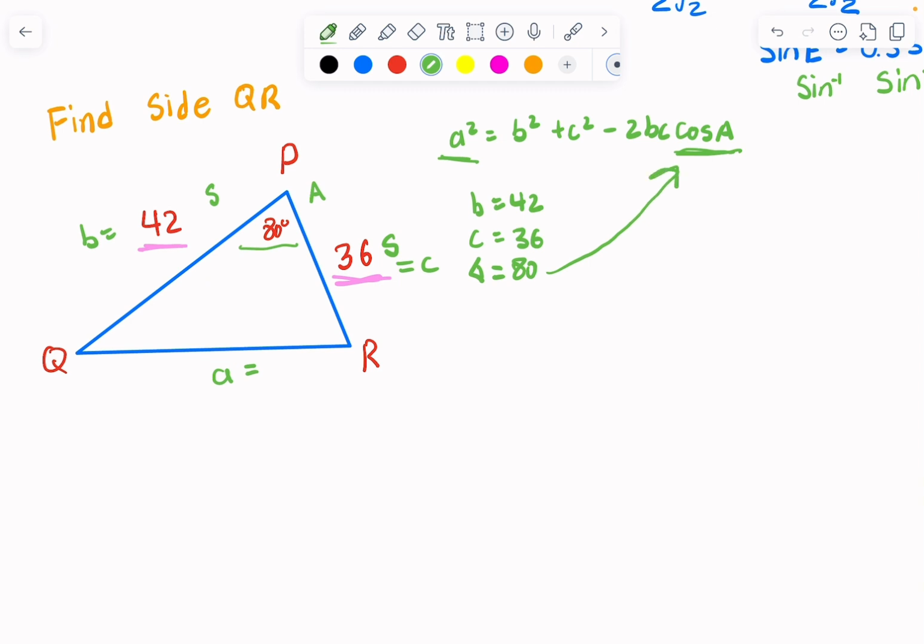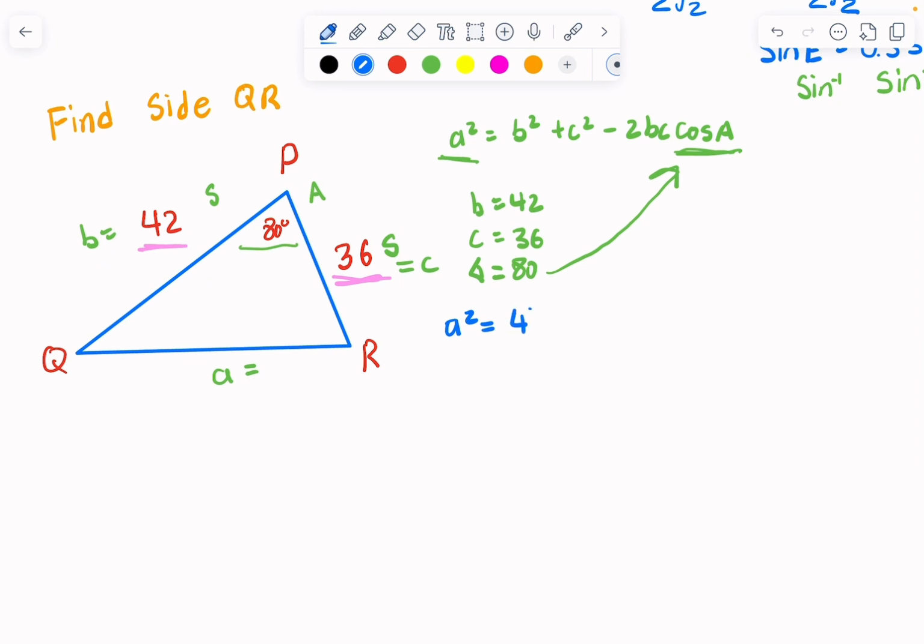So let's plug all the numbers in. We have a squared, which is what we don't know. You can use this equation to find both angles and sides, but since we're looking for a side here, our a squared is gonna be our variable. So I'm gonna plug it in, our b.